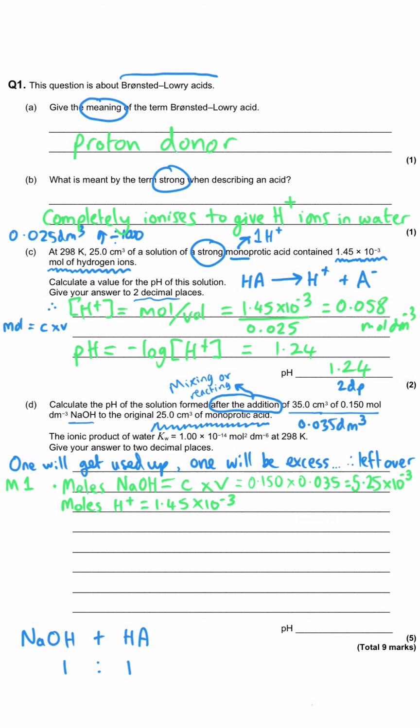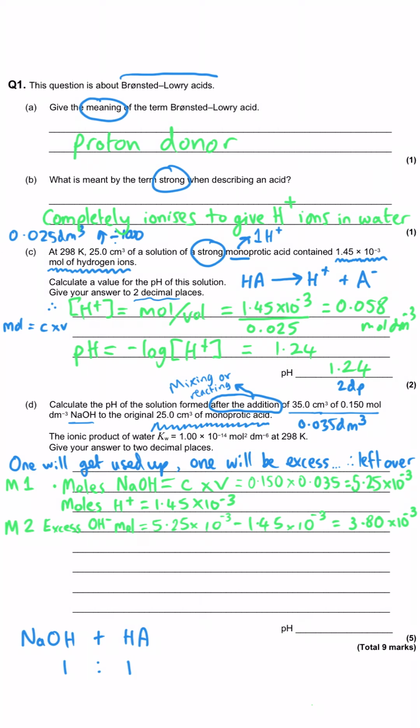So we need to calculate the amount of excess that there is, and so we subtract the hydrogen ion moles from the hydroxide ion moles, and that gives us 3.80 times 10 to the minus 3 moles of hydroxide in excess.